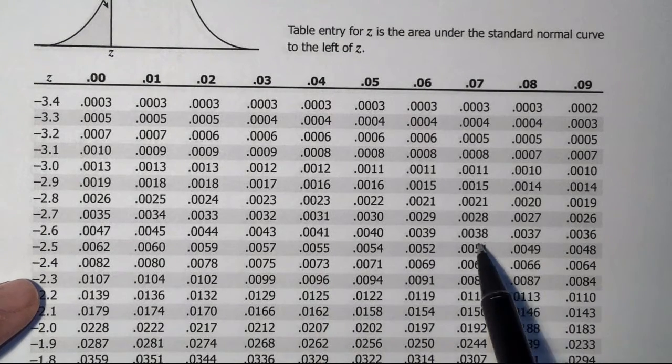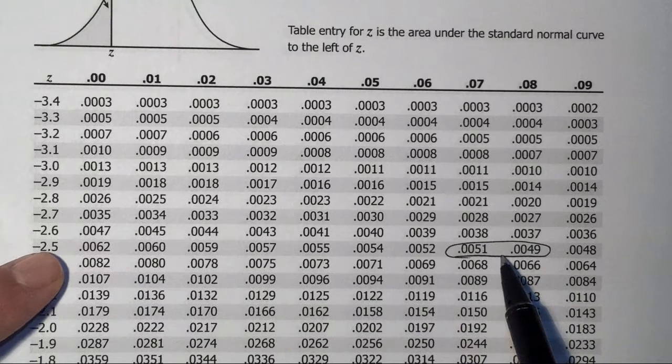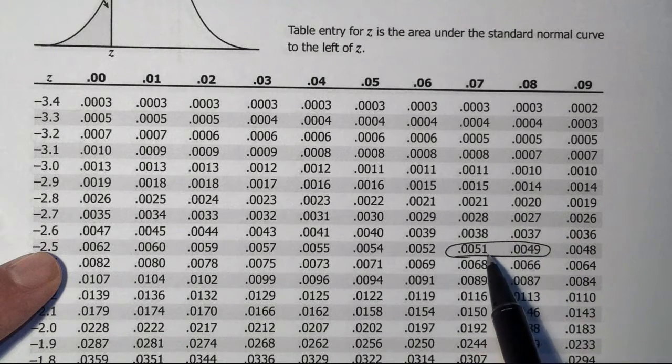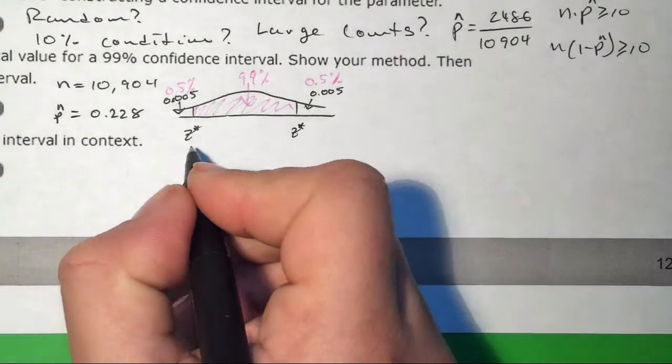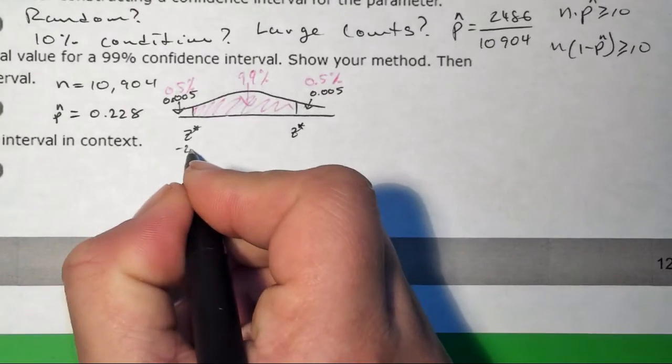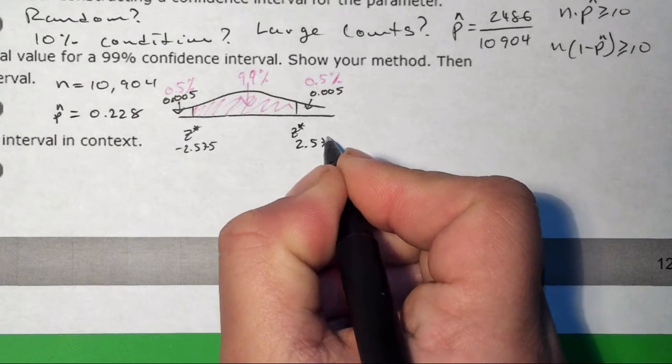Okay, here we go. Alright, so between here and here we have 0.005. So let's say 2.57, and in the middle between 7 and 8 we'll go 575. 2.575. So negative 2.575, 2.575.